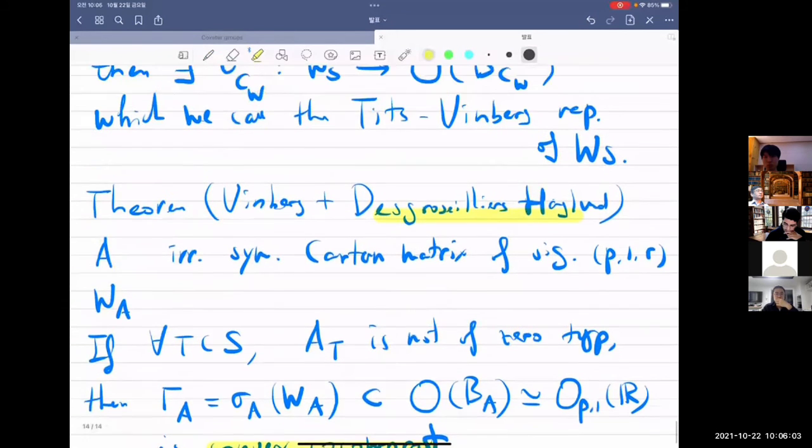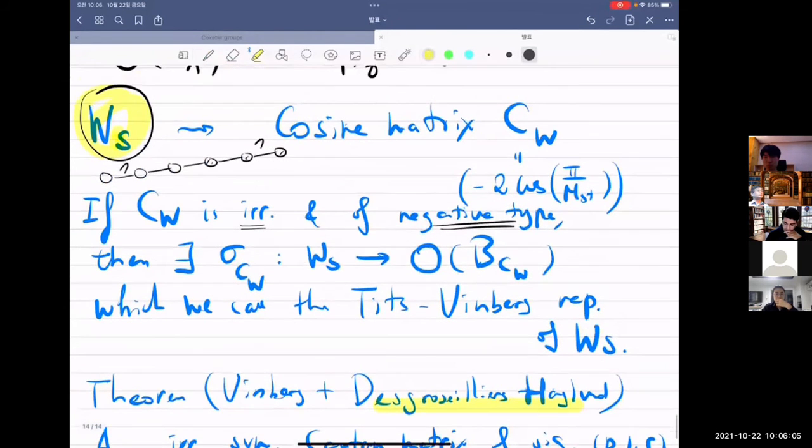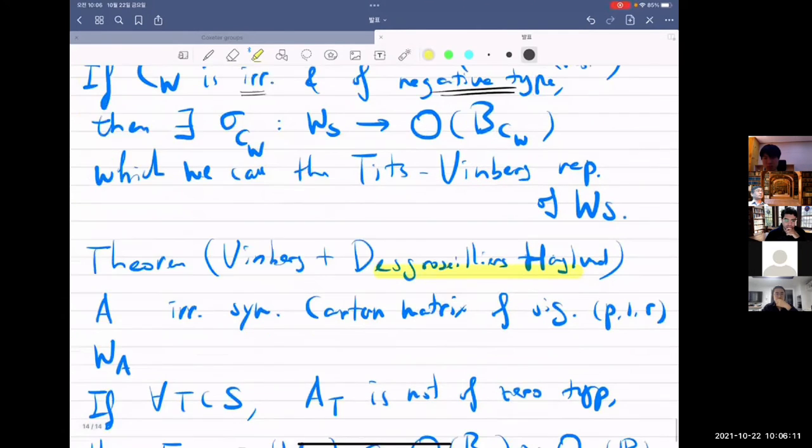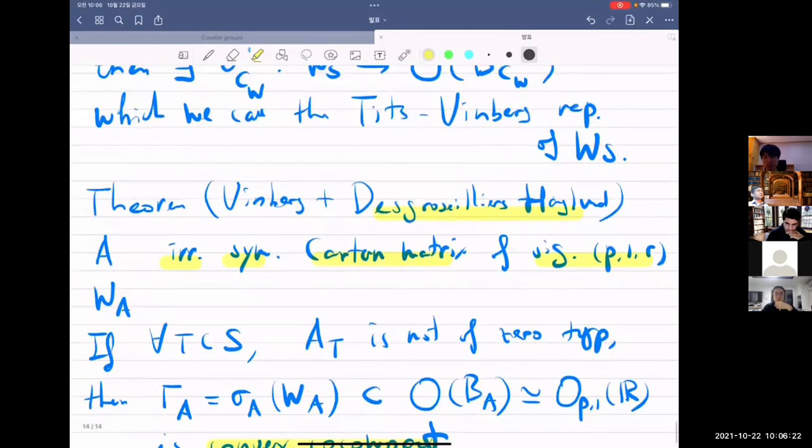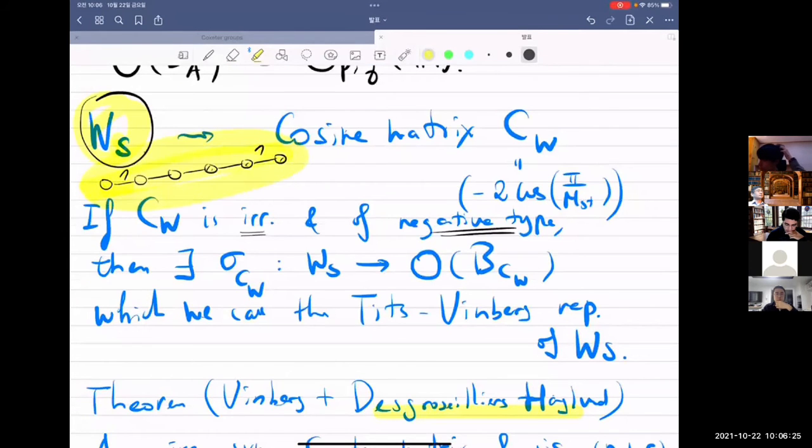In fact, if I use this cosine matrix of W_S, then you can easily check that it satisfies, of course, the irreducible, symmetric Cartan matrix of signature 5, 1, 0. And then you can also check there is no affine sub Coxeter group, the special Coxeter group which is affine.